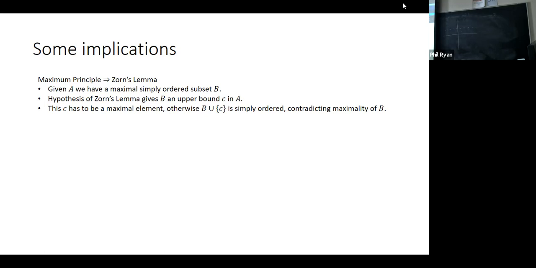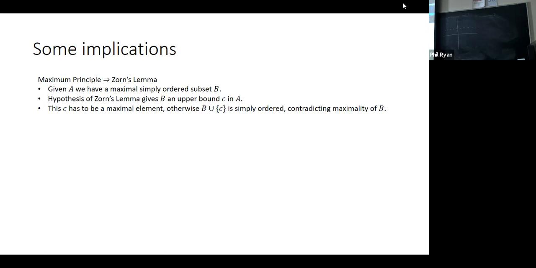Well, suppose we have a maximal simply ordered subset B of A. The hypothesis of Zorn's lemma says that B has to have an upper bound C in A. Well, this C has to be a maximal element, because otherwise B union C would be simply ordered, right?